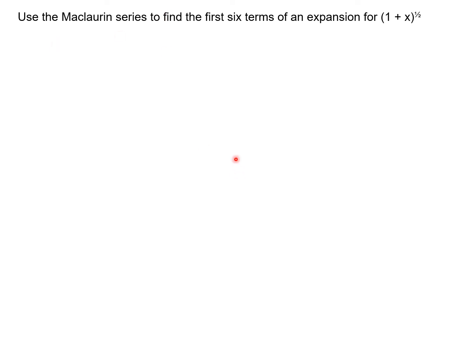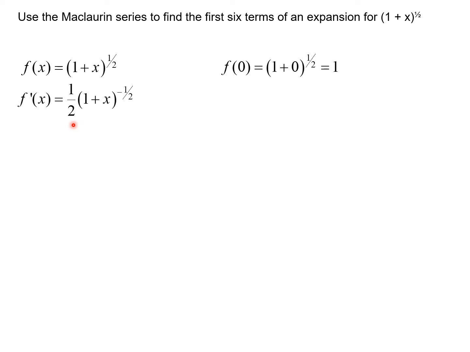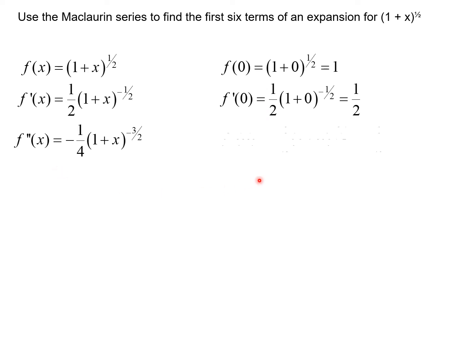As usual, we need to find f(x), f prime, f double prime, and so on. That will be our first step. F(x), and then you substitute x as 0. F prime, differentiate, and then substitute x as 0. And f double prime, you get the value of f double prime 0.